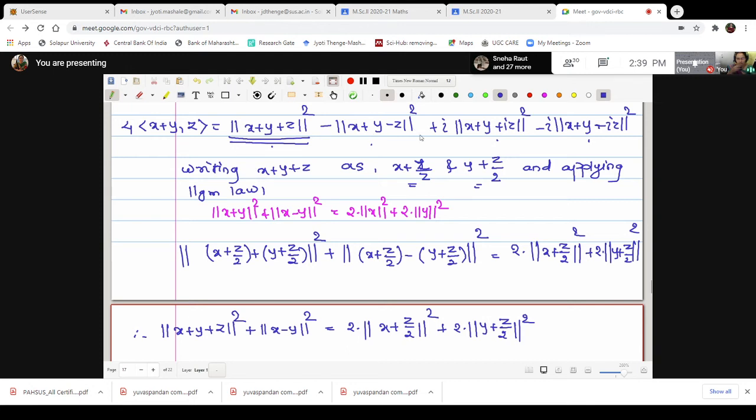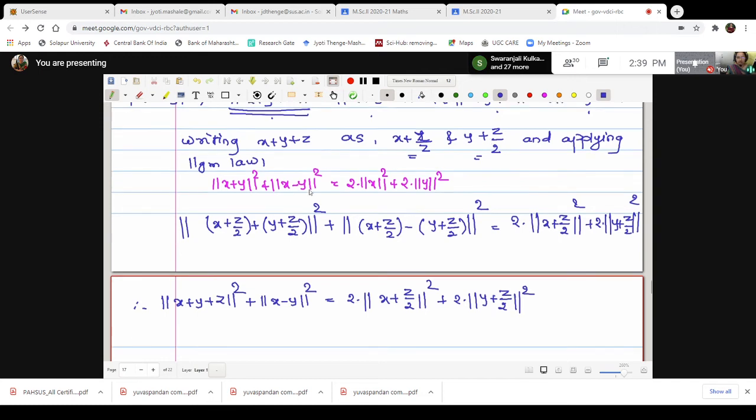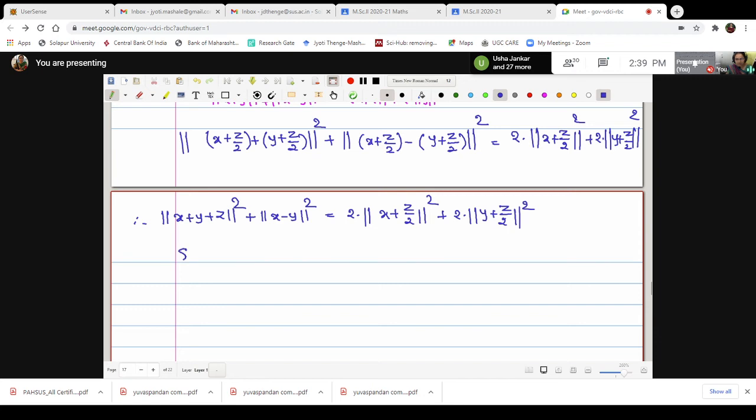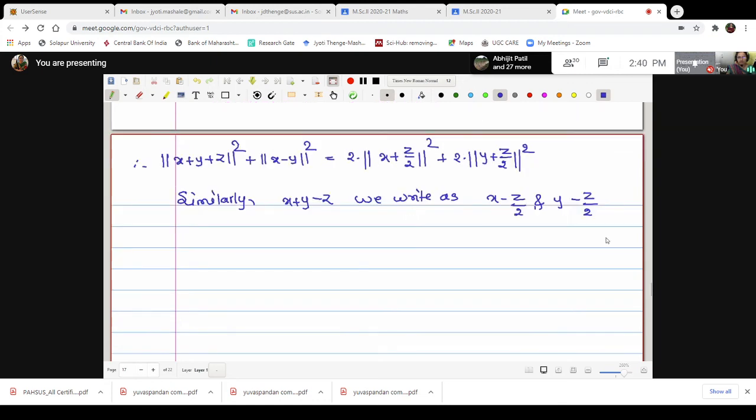Now similarly we will try to construct the second. What to do, what is the change in the second? Here x plus y plus z we have written as x plus z by 2 and y plus z by 2. Similarly, here we will write x plus y minus z as x minus z by 2 and y minus z by 2. Right, now if I add, it will be x plus y minus z simply, and repeating the same process, shall I write directly?